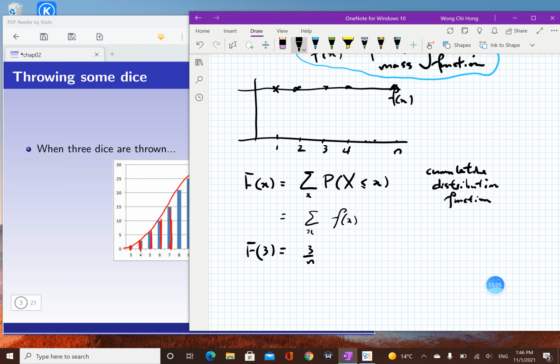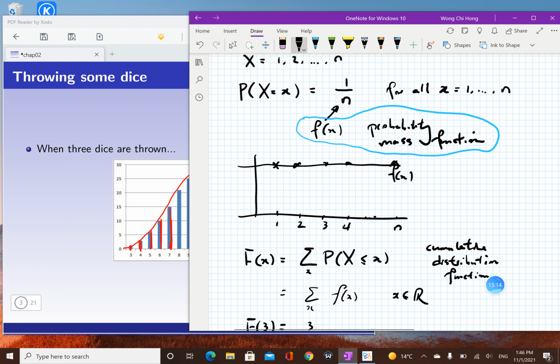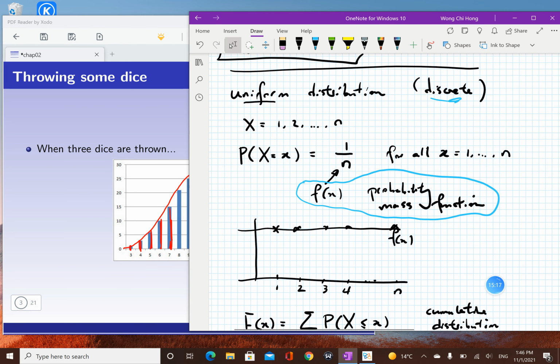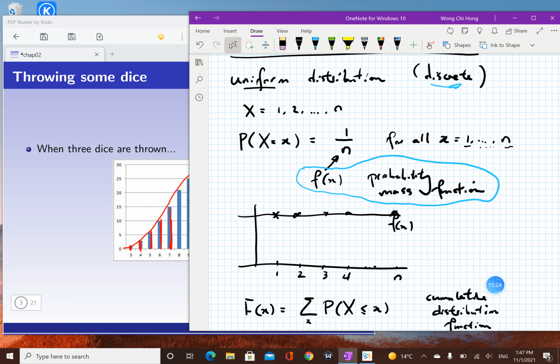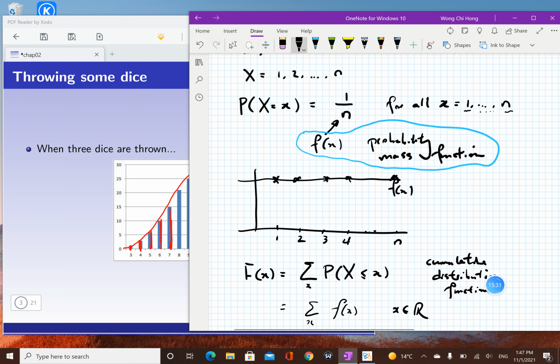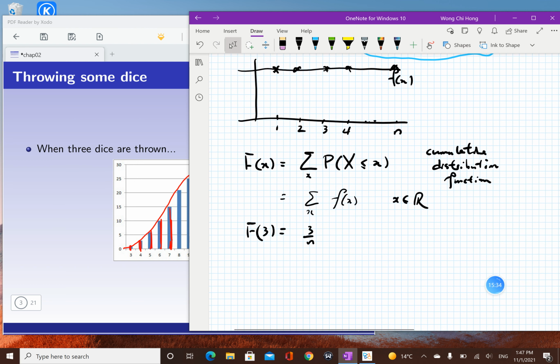And the reason we're having this is we want x to belong to the real numbers. The one before, x takes specific values 1, 2, 3, 4, 5, 6, 7, 8, 9, 10, etc., all the way to n. So it's really just little crosses on your graph instead of a nice straight line like this. So this is not as easy for us to apply those mathematical methods.